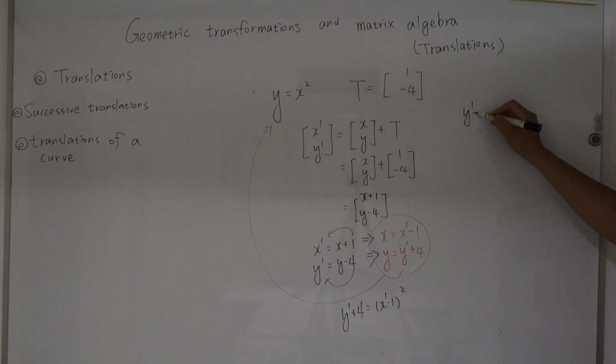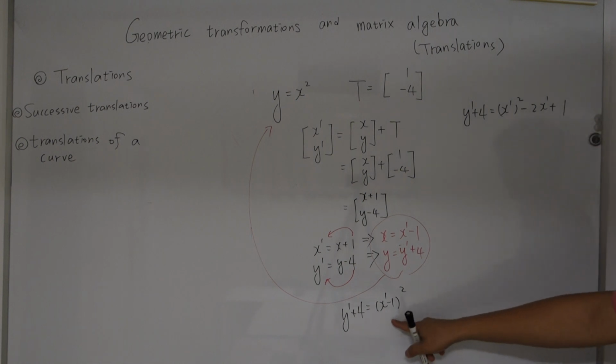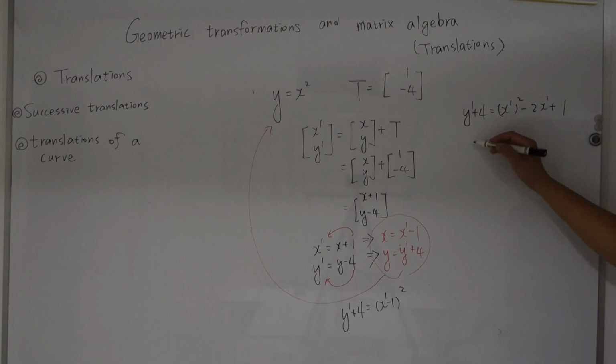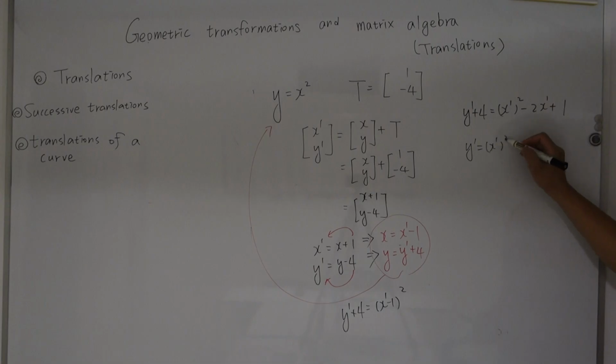So y' plus 4 equals x' squared minus 2x' plus 1. Perfect square. So we get y' equals x' squared minus 2x' plus 1 minus 4, which becomes minus 3.